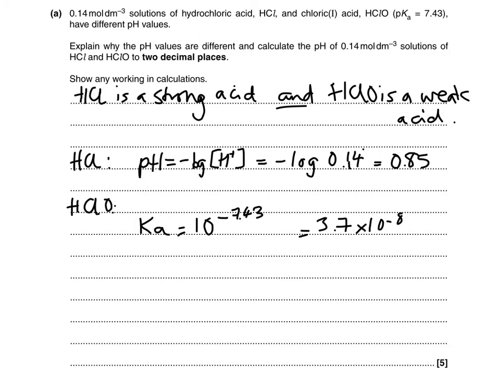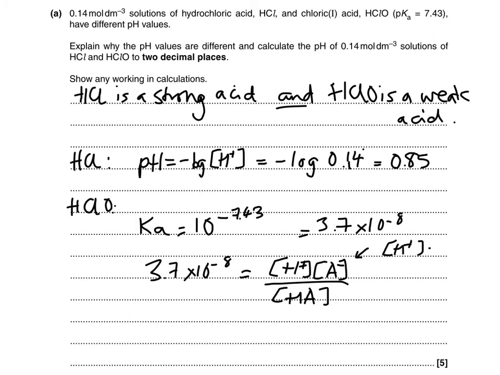Right, so Ka equals H over HA. In this case, for every hydrogen that's released, 1 anion is released, so H plus equals A minus.